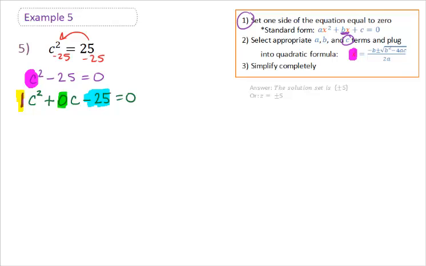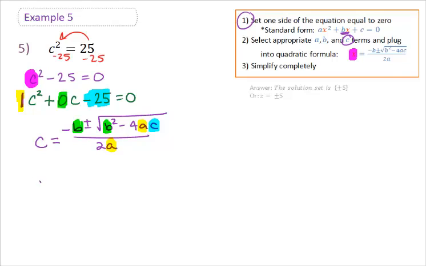So let me write down the formula. In this equation, it is c equals, and then I'm going to sing it as I write it down from here on out. C equals negative b plus or minus square root b squared minus 4ac all over 2a. Now I need to plug in the appropriate a terms, my appropriate b terms, and my appropriate c terms here.